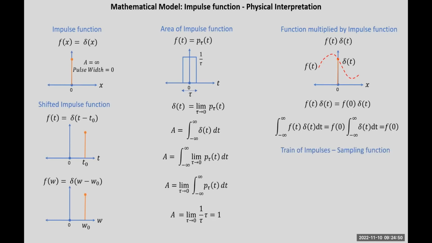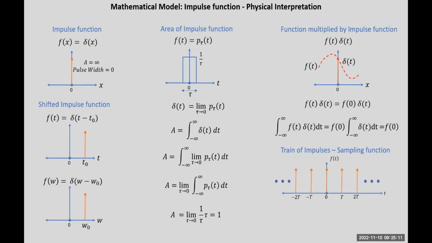Now, what is the exact application of the impulse function? There are many applications, but one of the typical applications in signals and systems and signal processing is the sampling function. A sampling function can be implemented by repeating the pulses, which is called a train of impulses.